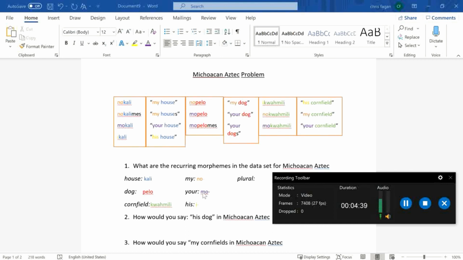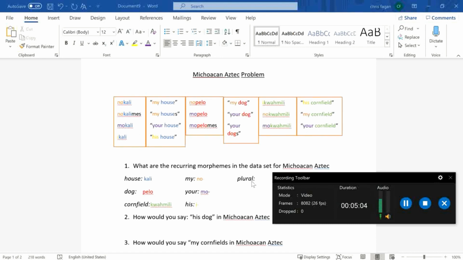So that looks like mo is the second person possessive pronoun in Michoacan Aztec. And then for his, every time I see the meaning his house, his cornfield, I see that pronoun i. So nice and simple. It looks like no is the first person, mo is the second person, and i is the third person.